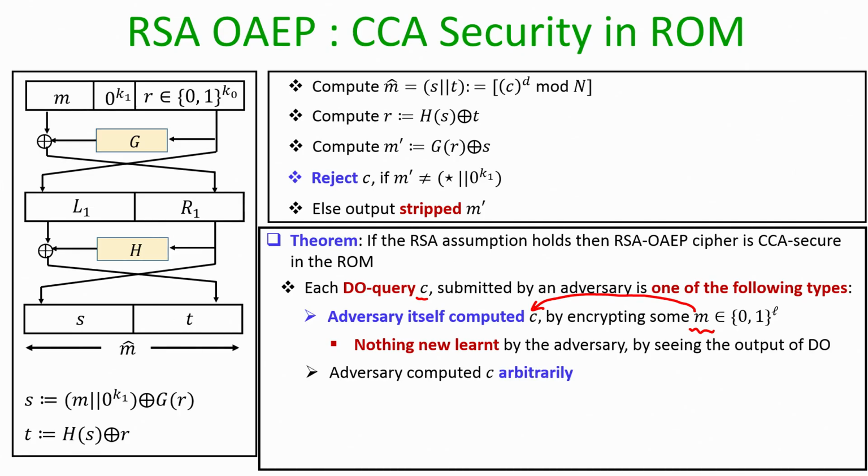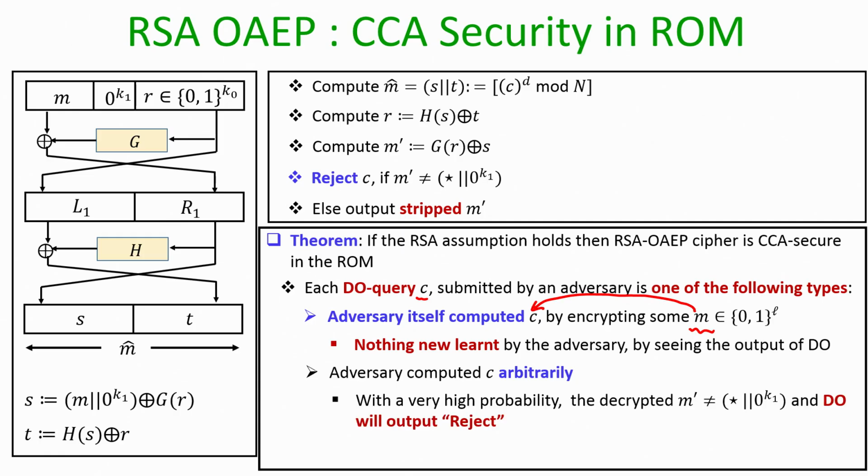The second class of DO queries could be where the adversary has computed some random bit string arbitrarily. What we can prove is that if that is the case, then with a very high probability that arbitrarily prepared ciphertext little c which has been submitted to the decryption oracle, when decrypted, will turn out to be something m dash of the form where the k1 number of zeros are not present after the L number of bits in the recovered m dash.